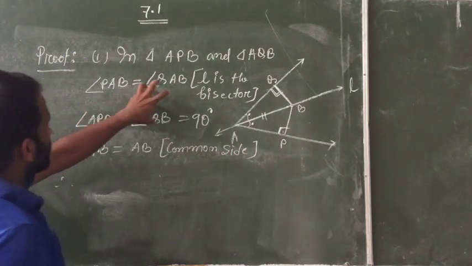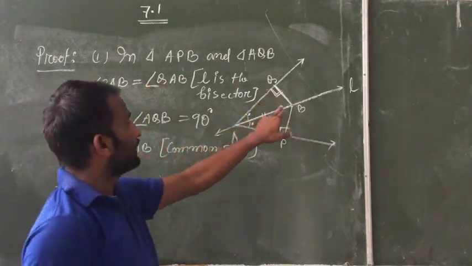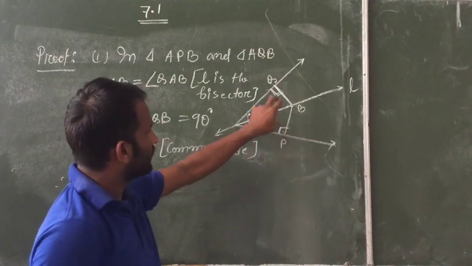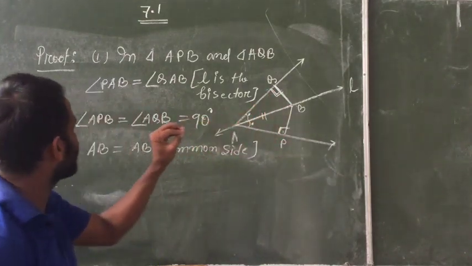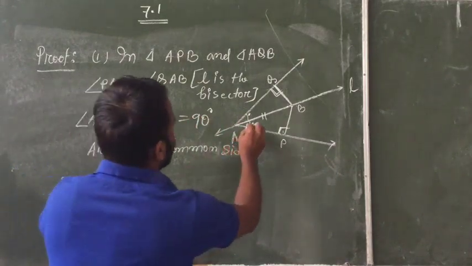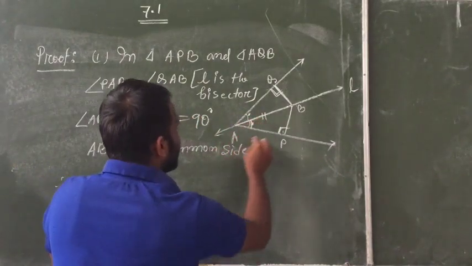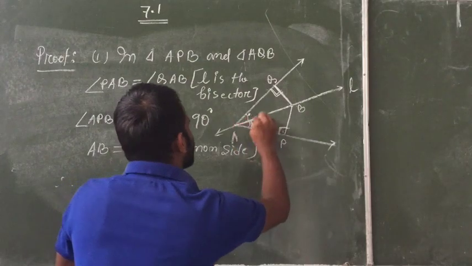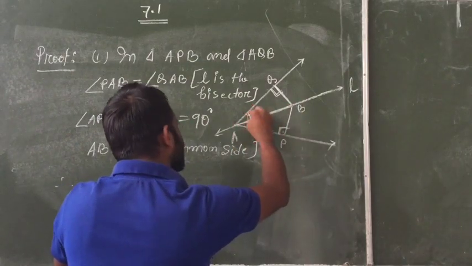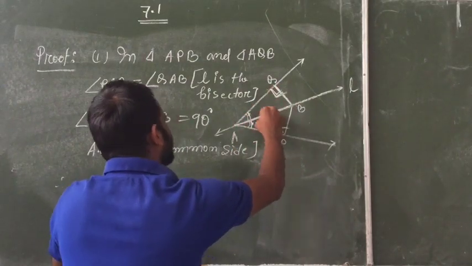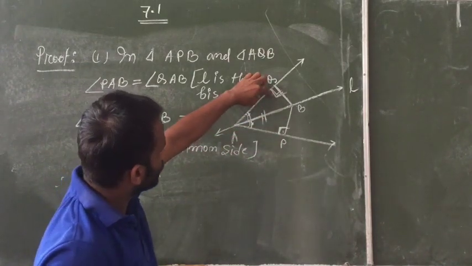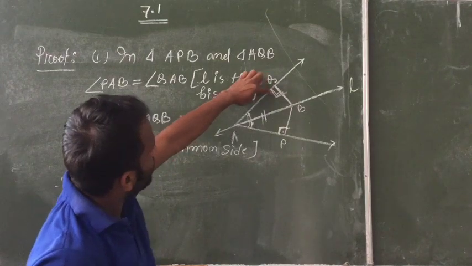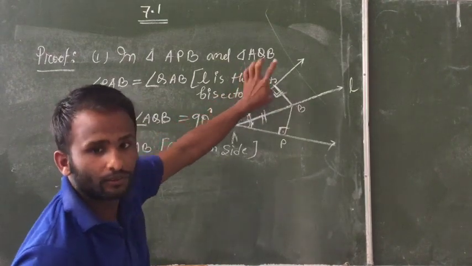So from these two triangles, three corresponding parts are equal. So we can say that these two triangles are congruent. But what criteria? See, we get angle this one and this side. Again in this triangle, angle this one and this side. That means one side is there and two angles are there. So we may say either angle side or side angle.